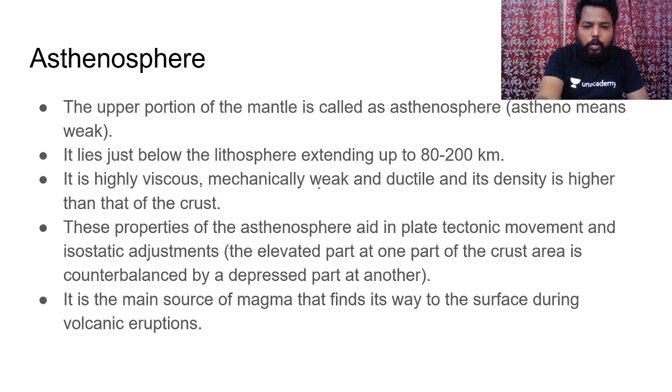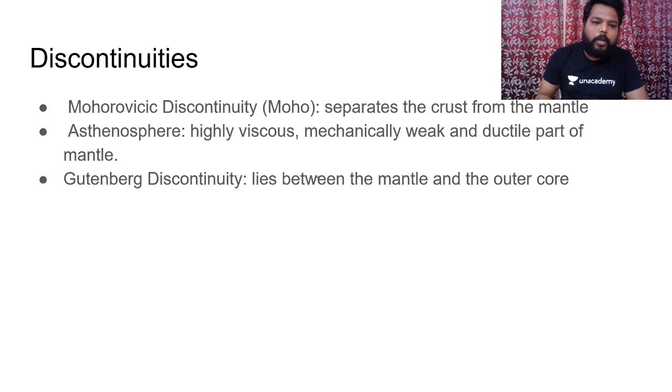Once try to go through this whenever you watch this lecture. Please do remember these discontinuities, which are very important. The first one is the Mohorovicic discontinuity. A discontinuity is simply a transition zone from one layer of the earth's interior to the next layer.